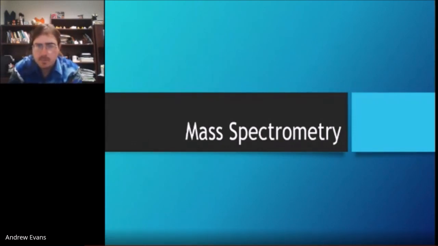But first, what is mass spectrometry? Mass spectrometry is essentially a technique that ionizes a molecule with various low and high energy ionizations and detects an individual molecule.